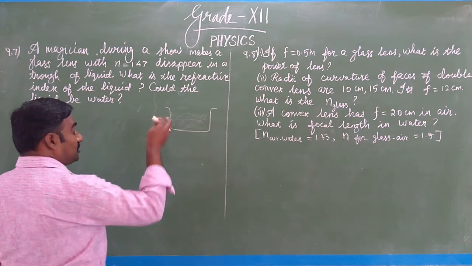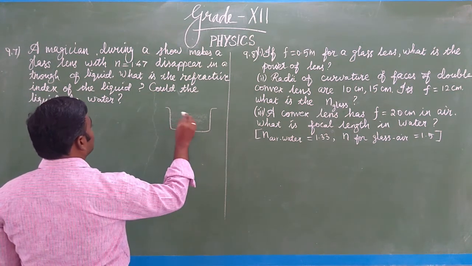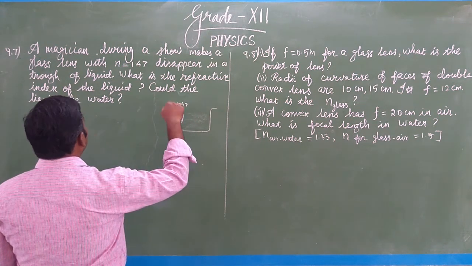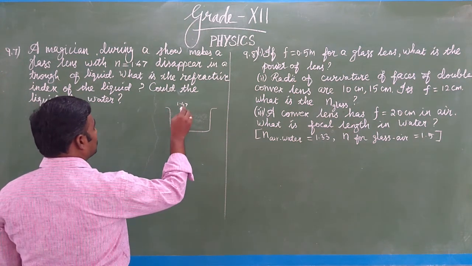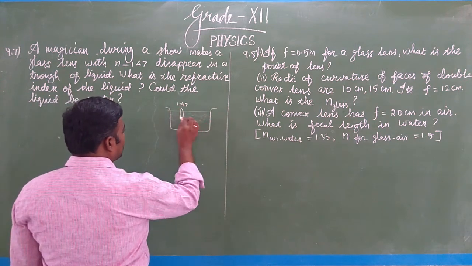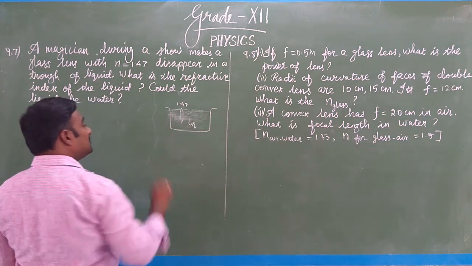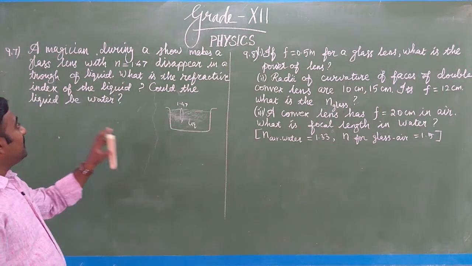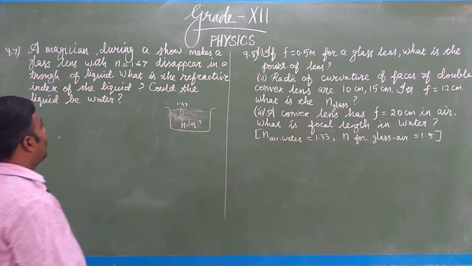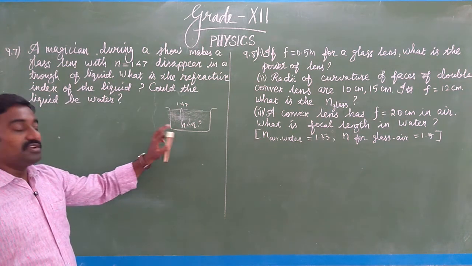While he introduces the glass lens inside the liquid, immediately the glass lens disappears. So what is the refractive index of this liquid? We want to find the refractive index of the liquid. Also, could the liquid be water? You are going to judge whether the liquid is water or not.